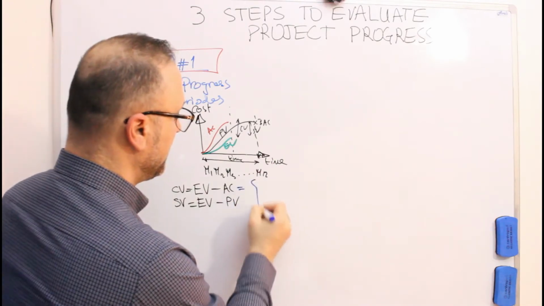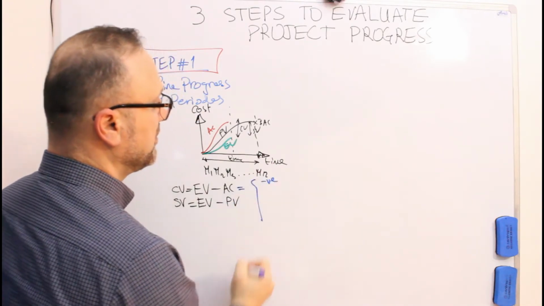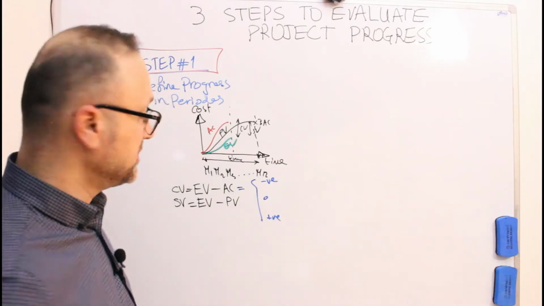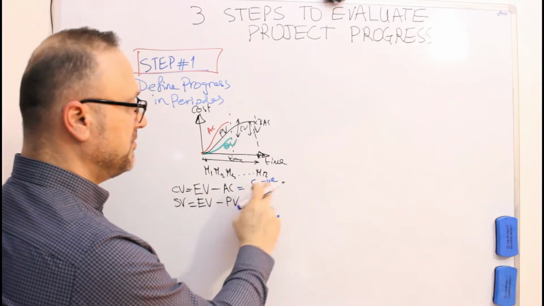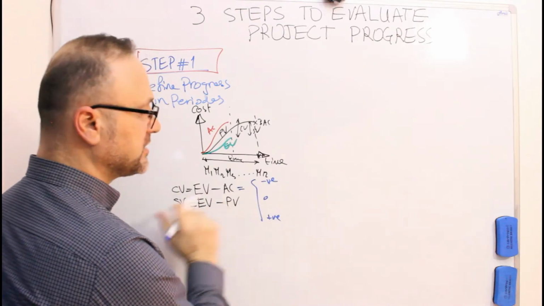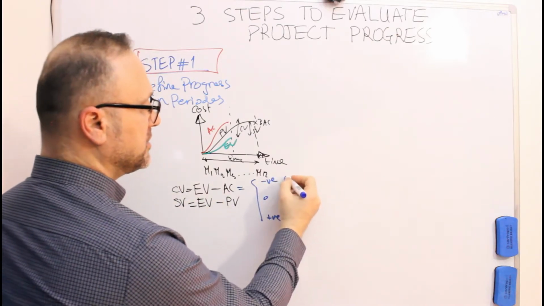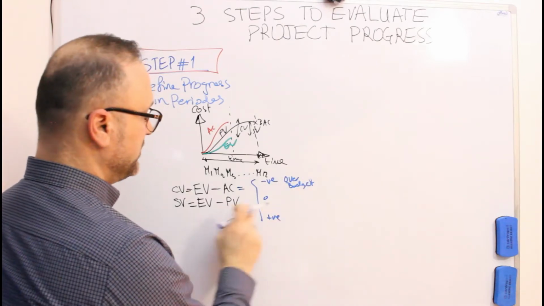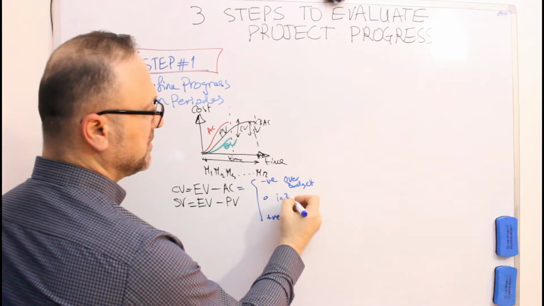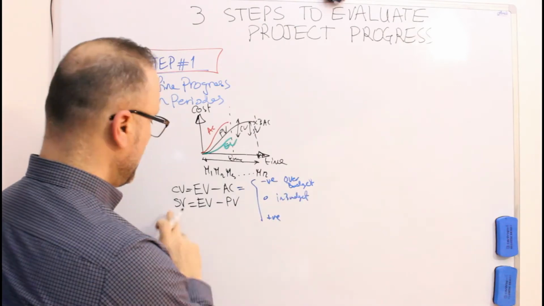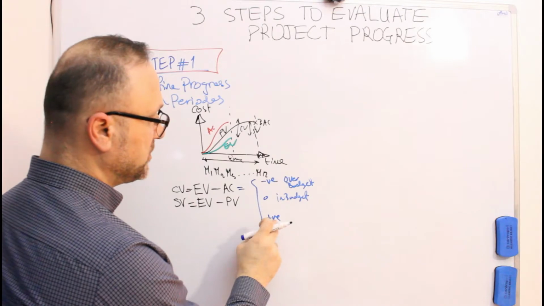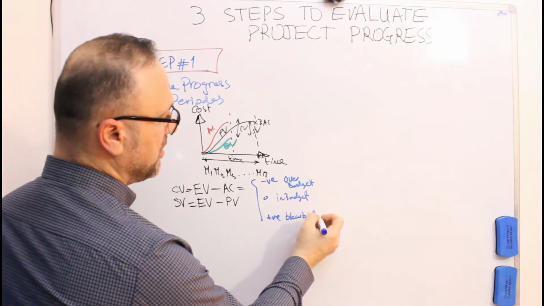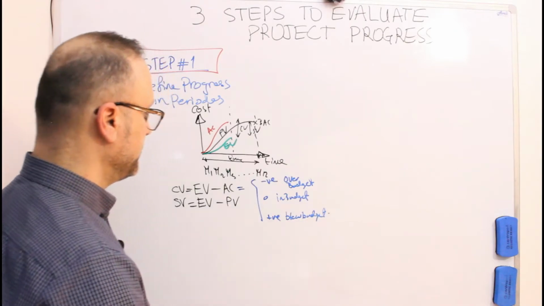Simply, if it's negative, 0, or positive, you have three options. Option number one, if the cost variance is negative, it is over budget. If it's 0, it's in budget. If it's positive, then it is below your budget.